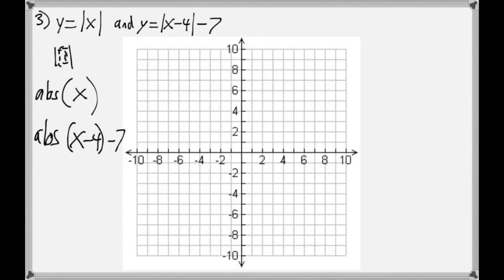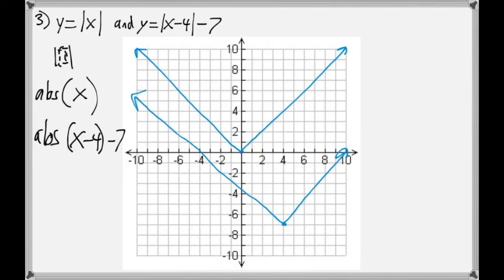If I graph this, the absolute value graph looks like a V. Your graph doesn't need to be perfect.